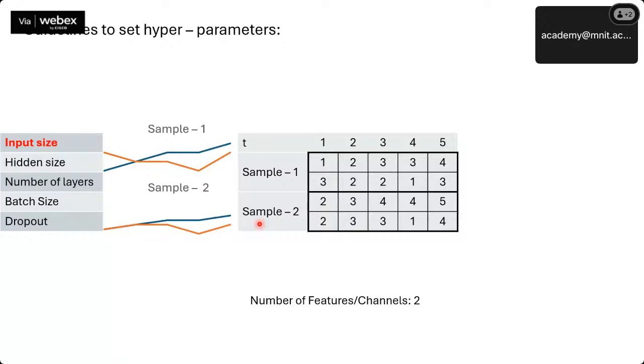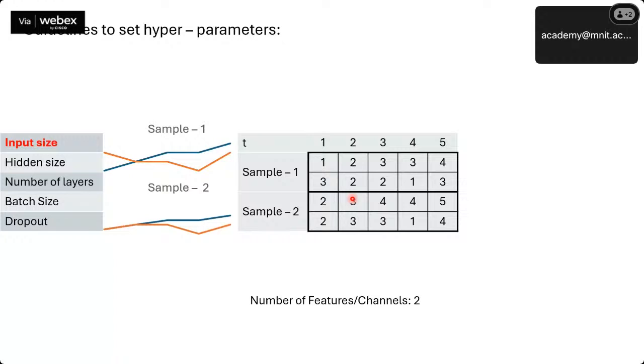Let's say I have similar data. What should be the hidden size? If somebody asks what the hidden size should be in order to do very efficient training, your reply should be: okay, if I have a hidden size of 2 or 3, it would work, right?